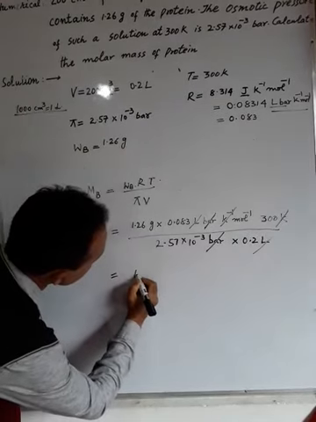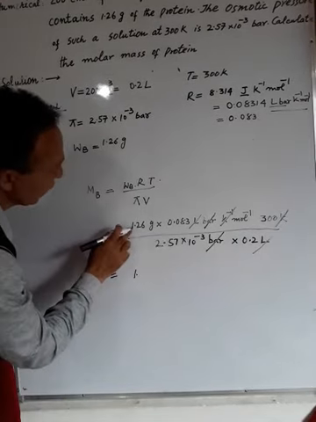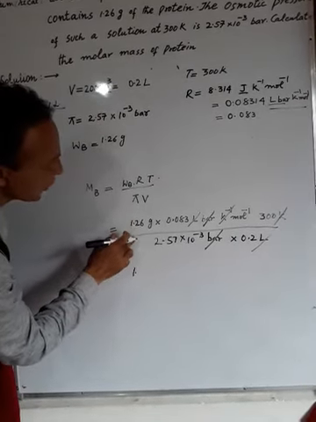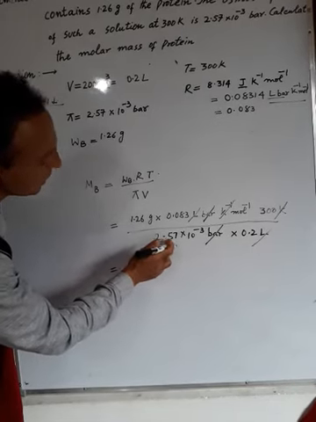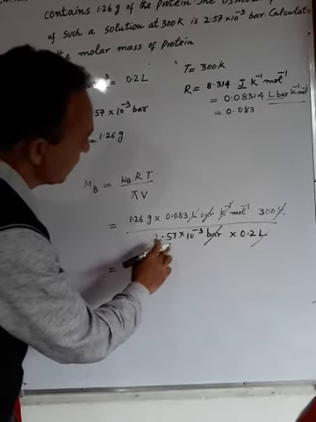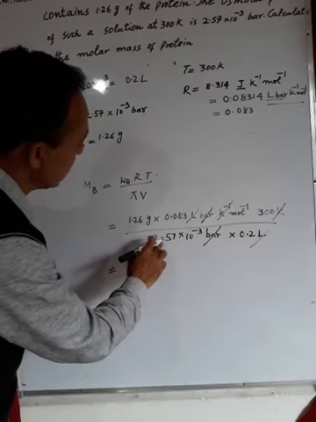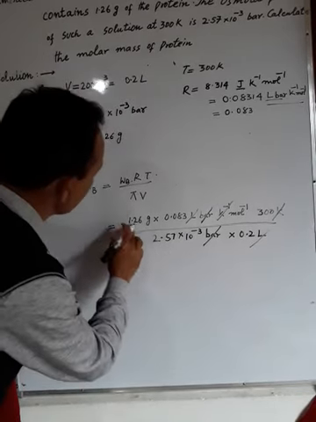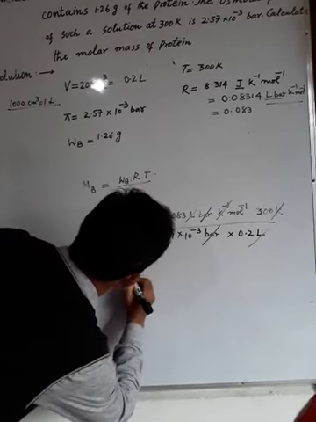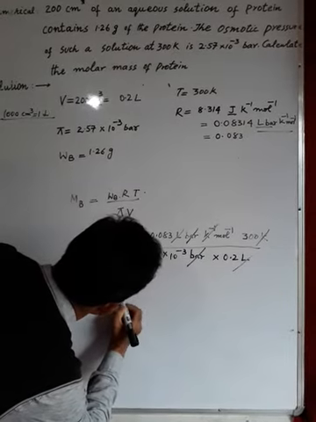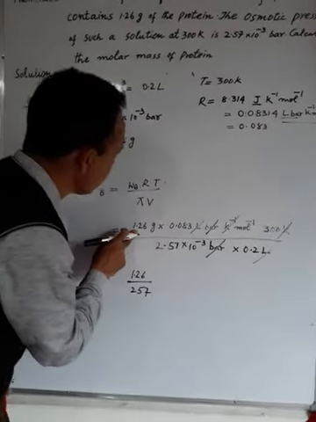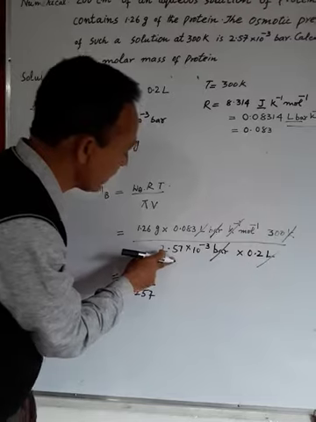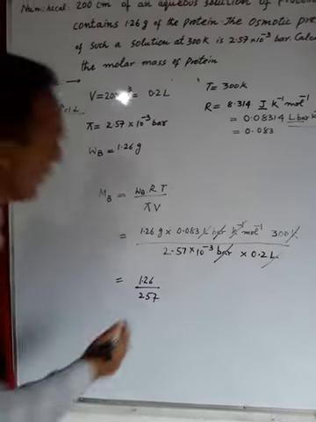Now 1.26 we will write as 126 divided by 100. Similarly, we have decimals in the denominator, 2 digits on the right side of the decimal, so it will become 126 whole divided by 257, because this is also divided by 100 and this is also divided by 100. 100 cancel.